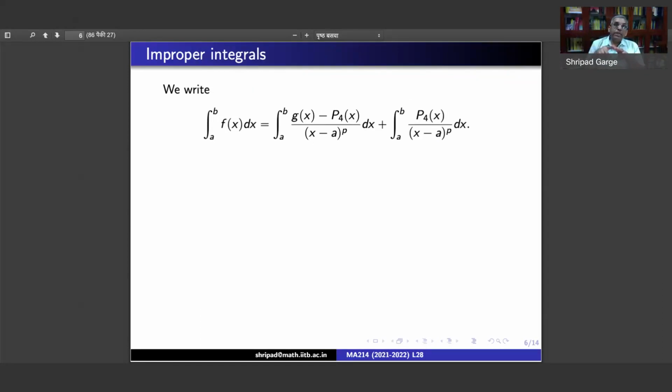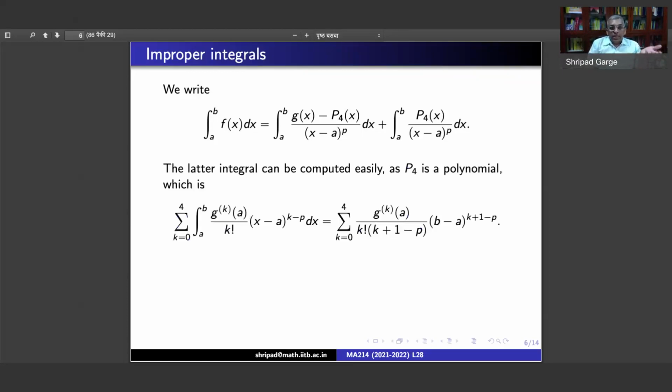Now remember that p is less than 1, and P4(x) will start from a constant, then a linear, quadratic term, cubic term, and quartic term. So the integration of this second part can be computed quite easily. P4 is a polynomial after all, and that turns out to be this particular integral, sum over k going from 0 to 4, integral from a to b.